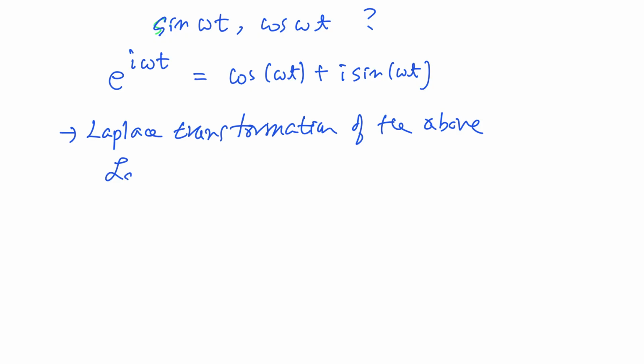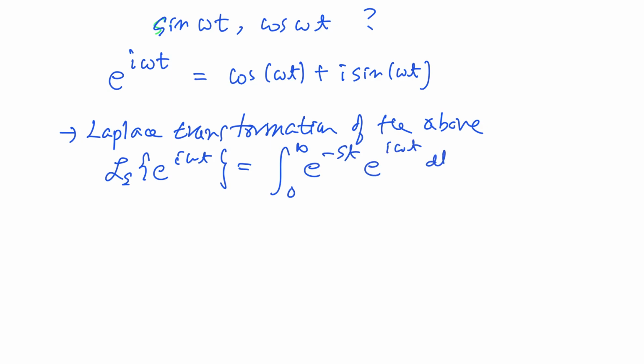So the Laplace transformation of exponential i omega t is the integral of exponential minus st times exponential i omega t, which gives 1 over s minus i omega.